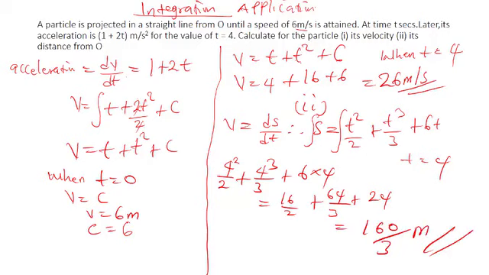So the final value of distance at this point when t is 4 seconds is equal to 160 over 3 meters. You can go further into breaking this from fraction, and you'll have an approximate value of about 53.333 meters thereabout.